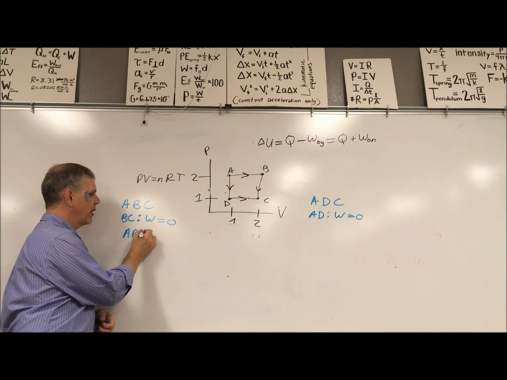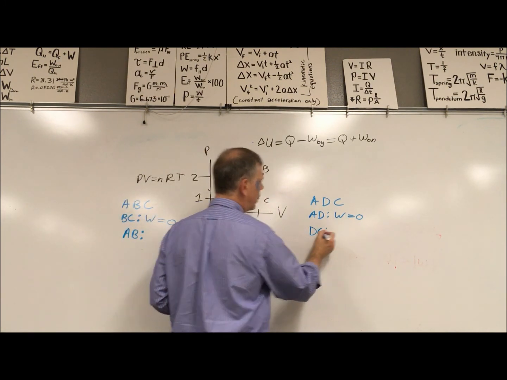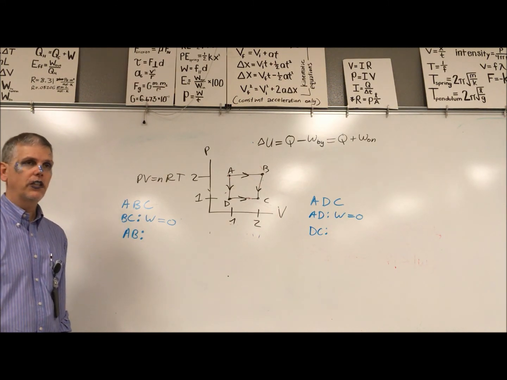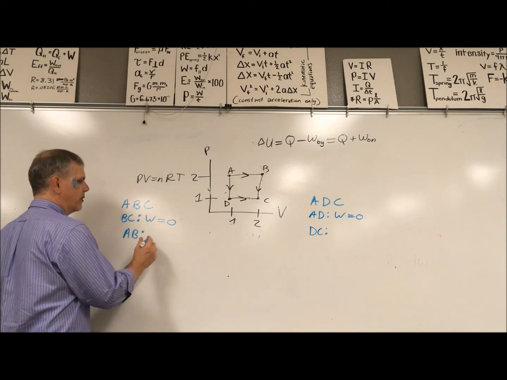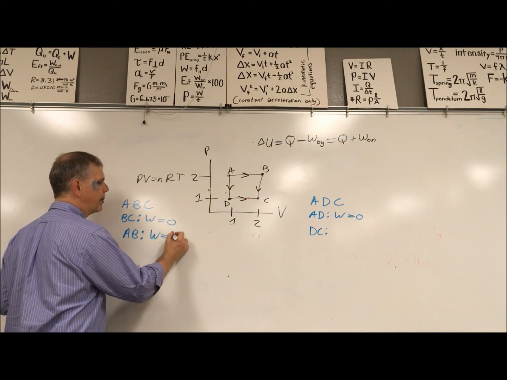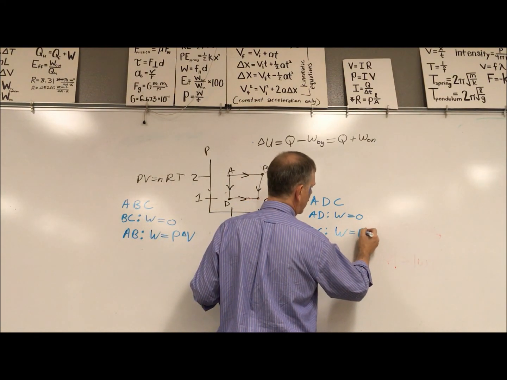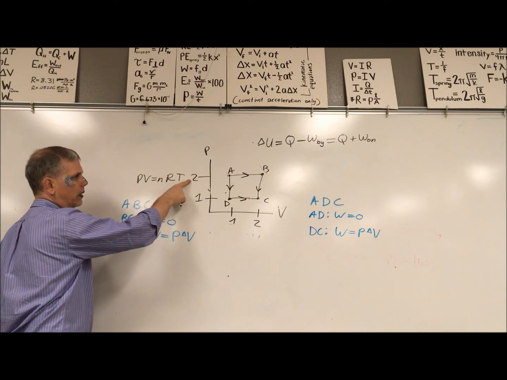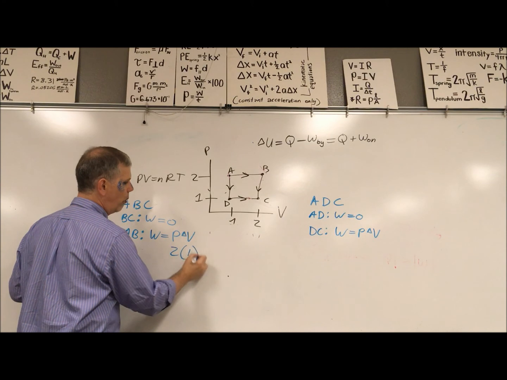Now look at, what about AB? We need to talk about AB, and we need to talk about DC, don't we? Would you agree work is done in both of those cases? Yes. Let's first do it mathematically. In this case, we have W equals P delta V. What's my pressure here? This is AB, this is 2, and our difference is 1.